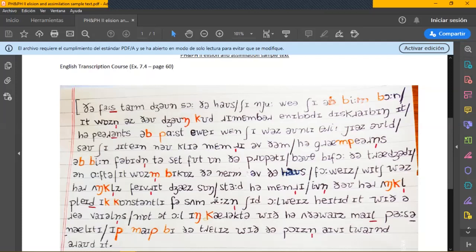So the voiced alveolar plosive has been elided, and the nasal alveolar sound that was kept from that syllable has been assimilated into a bilabial nasal because it's under the influence of another bilabial. That's why.